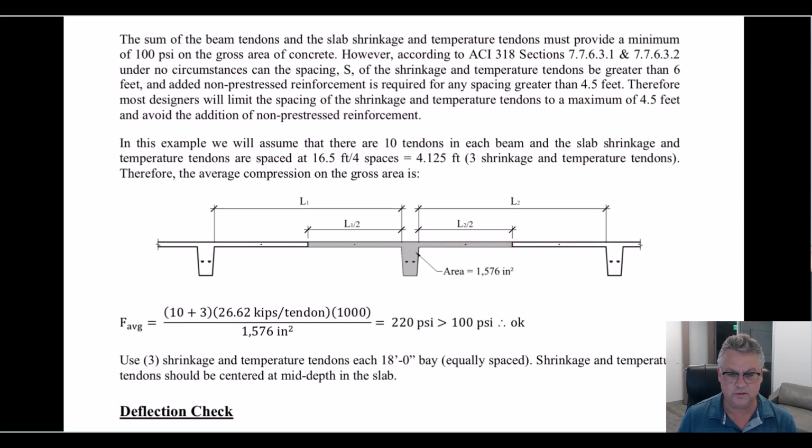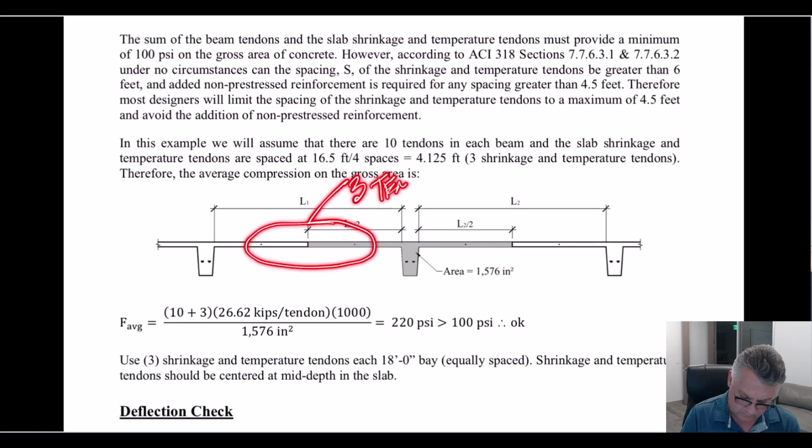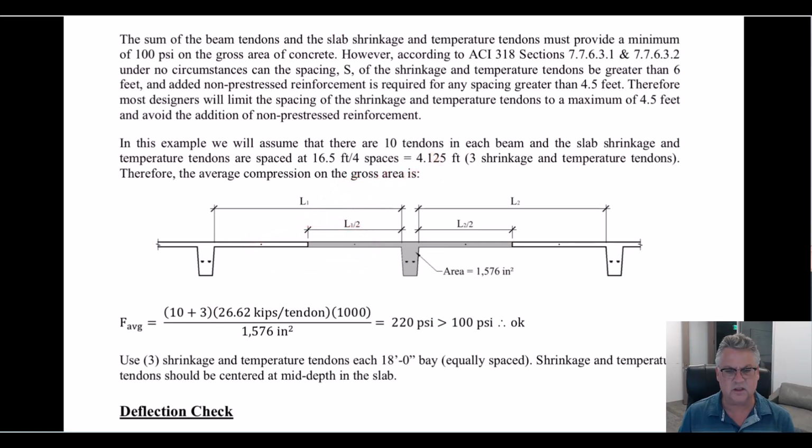So regardless of the fact that we're killing the 100 psi, we've got to have tendons at 4.5 feet on center. So that creates, in 16.5 feet, if I've done the math right, without going any farther than 4.5 feet, 3 tendons within each bay. And that's actually how we will call it out on our drawings. We'll say each bay gets 3 tendons at the CGS.